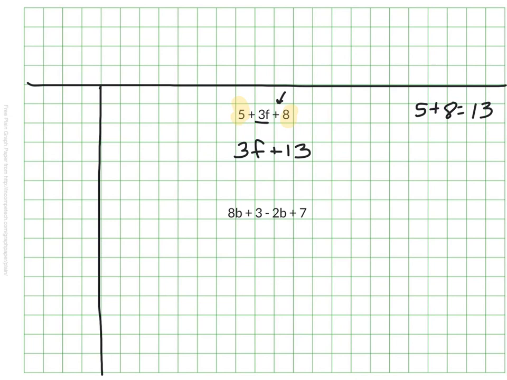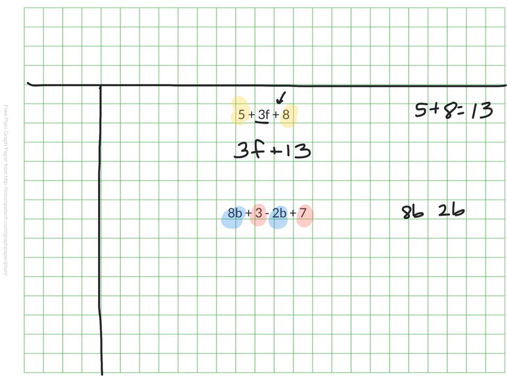In our next example, I have 8b plus 3 minus 2b plus 7. So I'm going to color coordinate here what I see that's in common. I see that I have two terms using b, and then in another color, I have two constants. So those are the things I need to combine. So we have 8b and we have 2b.